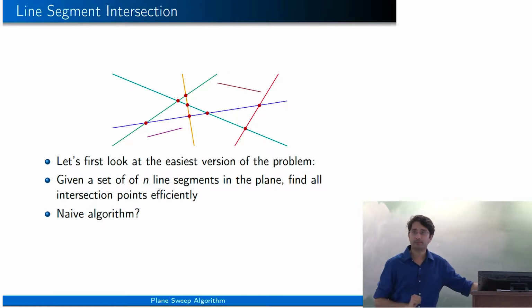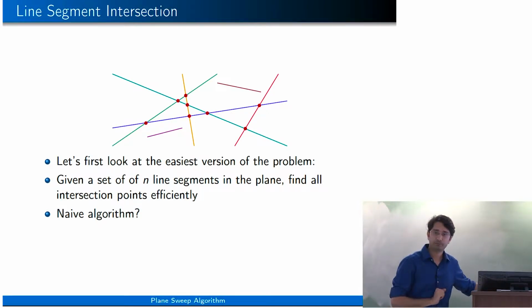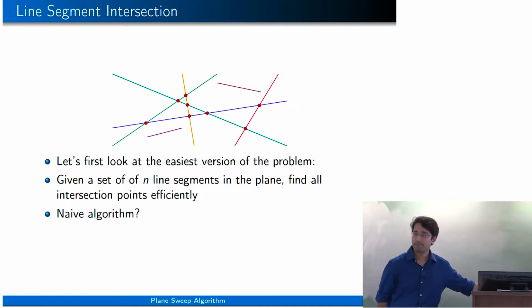First question, can you let me know an algorithm to solve this problem? Any algorithm will go. We will compare each pair of lines and see whether they intersect or not, right? How many pairs of lines are possible?